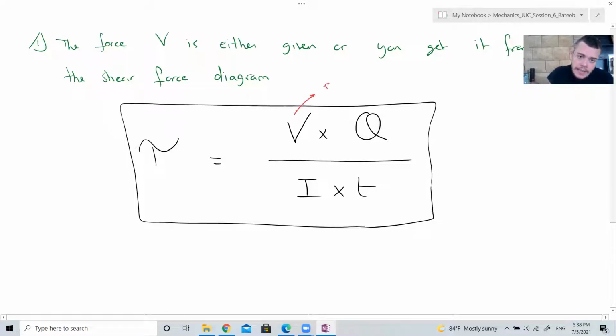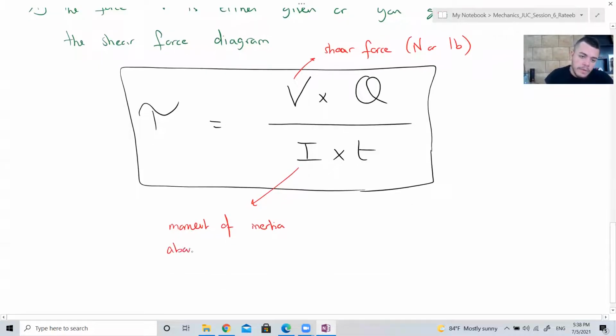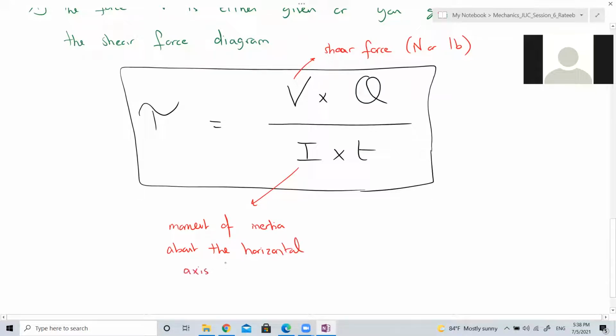V in here is the shear force, which is either in newtons or in pounds. I in here is the moment of inertia about the horizontal axis, which is either in millimeter to the 4 or inch to the power 4.